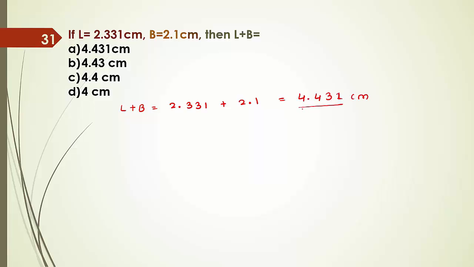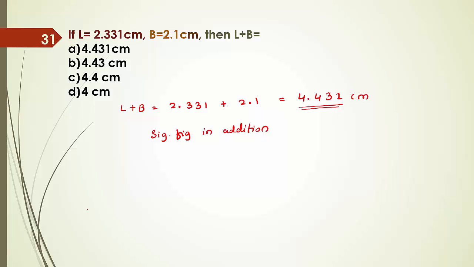4.431 centimeter. This is the answer. But remember, this is significant figures in addition and subtraction. We have to follow the statement. What is the statement? The final result should contain the same number of decimal places as the number with the least decimal places.